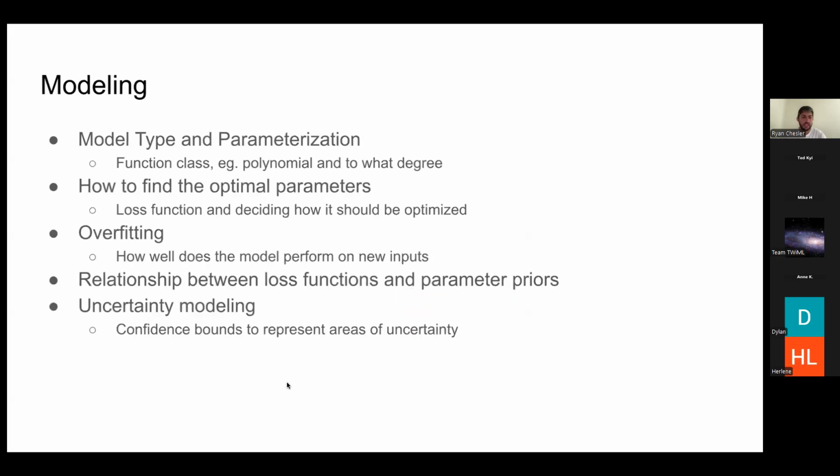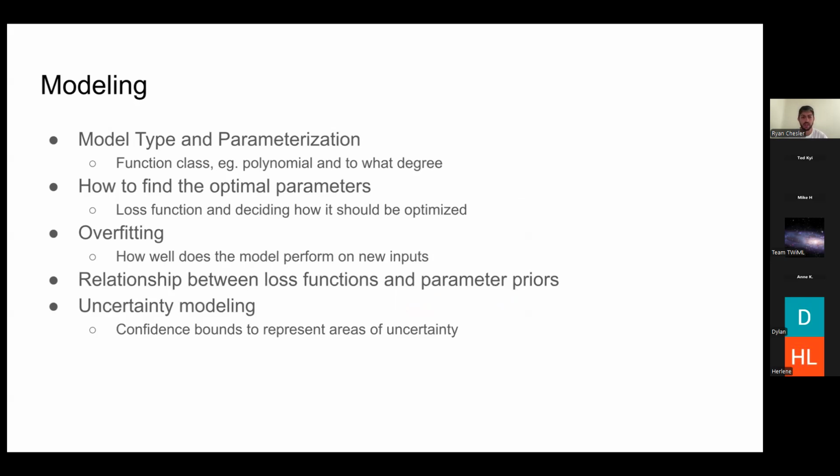When we're looking at this kind of modeling, there are a few different things that we can look at. First, the model type and the parameterization. We can do polynomials and choose what degree they're set to, and there are a bunch of different decisions that can be made there. The other piece is finding the optimal parameters.